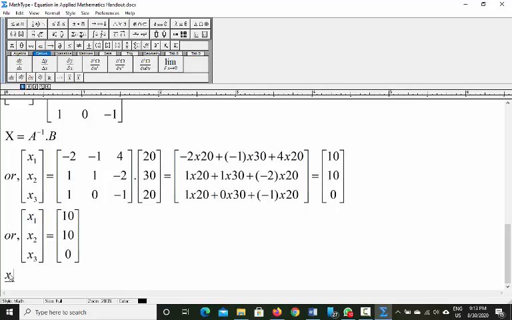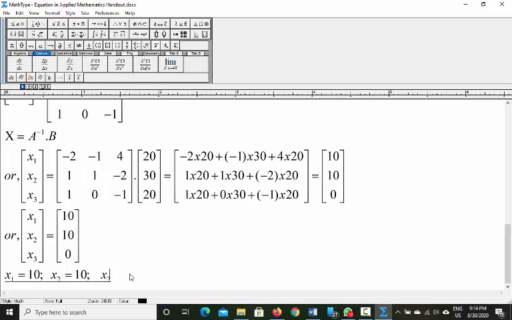The value of x1 is equal to 10. The value of x2 is also 10. The value of x3 is 0.